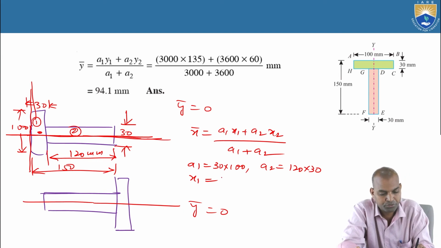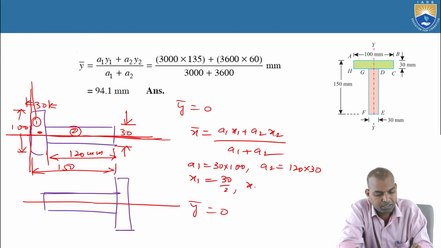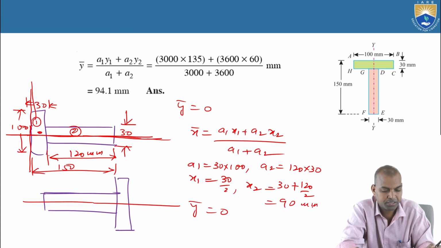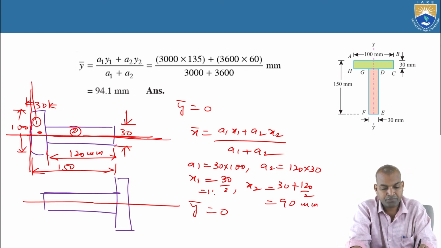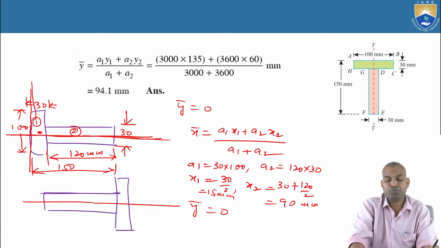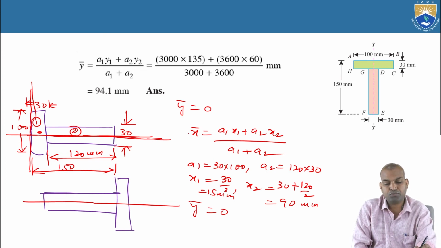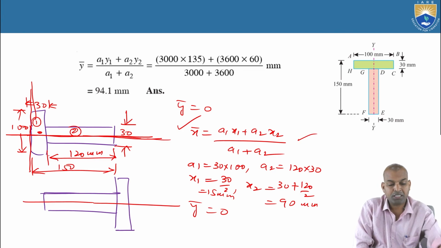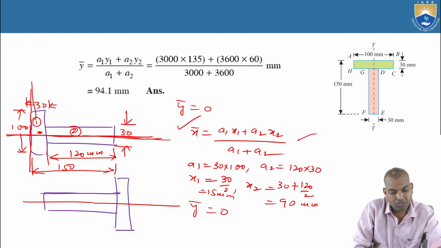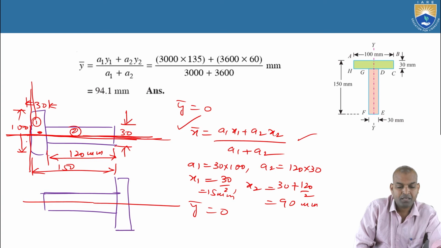X1 is 30 by 2, that is 15 millimeters. X2 is 30 plus 120 by 2, that is 90 millimeters. Substitute A1, A2 and X1, X2 in the bar X formula, and we will get the horizontal distance of the centroid, where it lies on the horizontal axis.